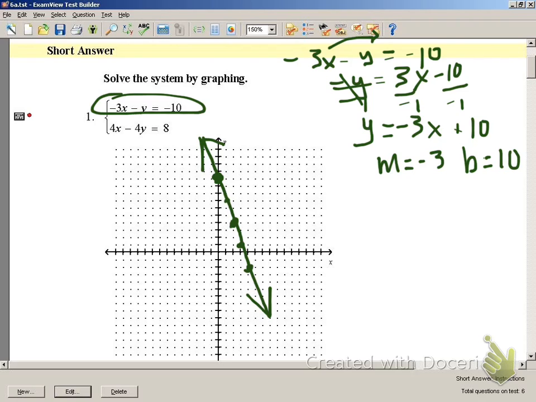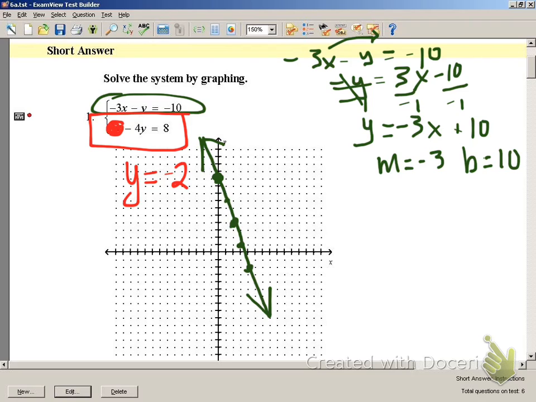Now the second line, I'm going to graph it differently. Both equations were in standard form, but this one I'm going to plot by my intercepts. Remember, to plot by intercepts, we can either use the cover-up method or plug in 0 for the other one. So if I covered up x and I solved for y, y would equal negative 2.